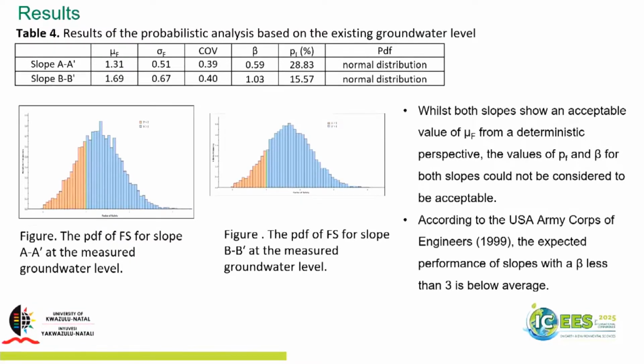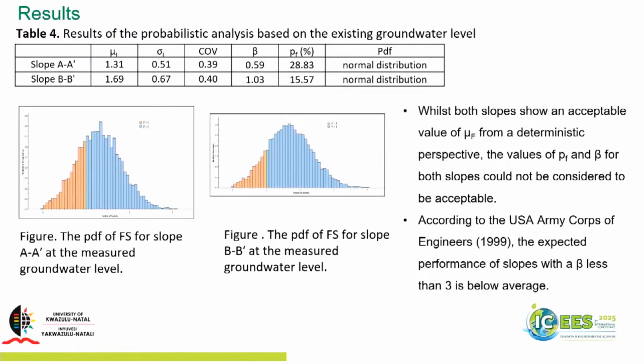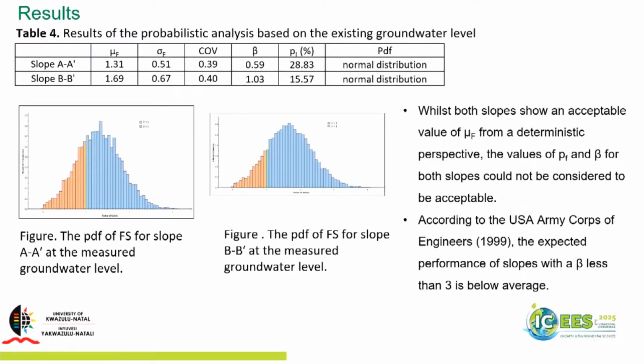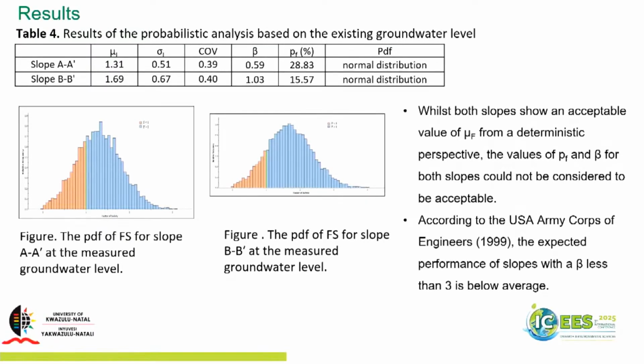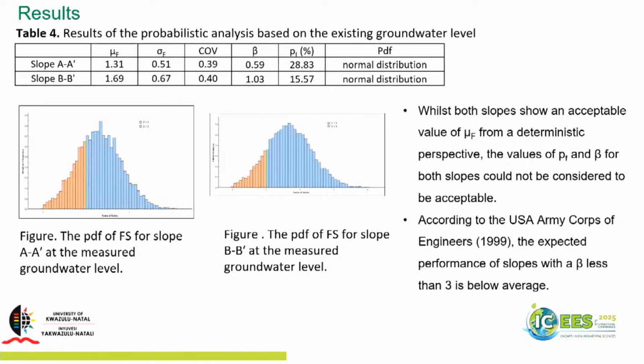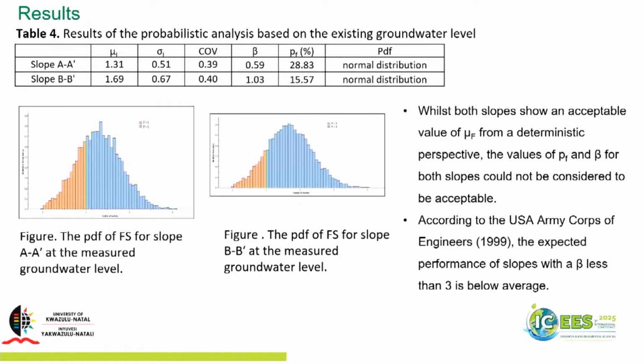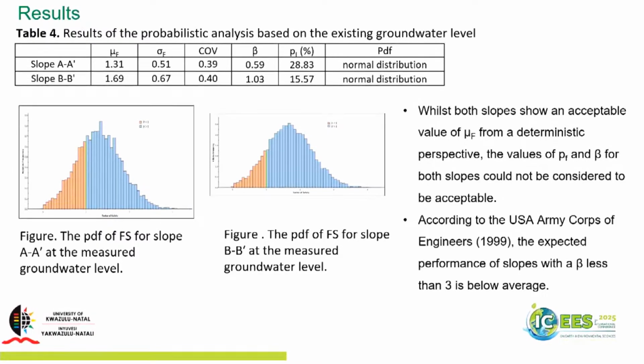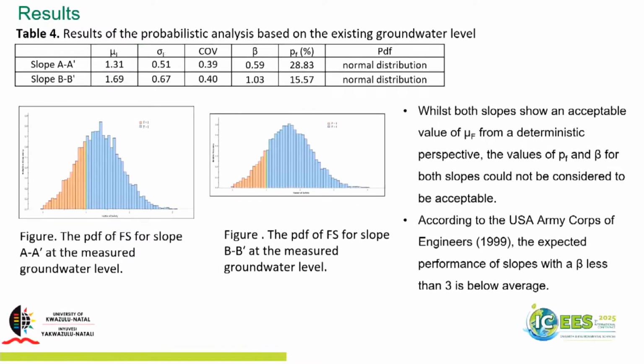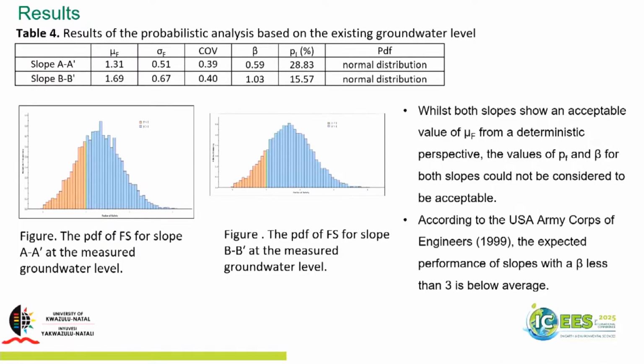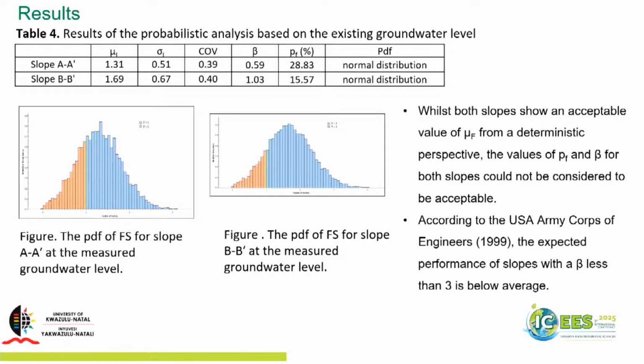because according to the US Army Corps of Engineers, the expected performance of slopes with a reliability index less than 3 is below average and could be considered hazardous. So whilst the mean values show us that both slopes are stable, the values obtained from the reliability indices for both slopes showed us that the performance of those slopes is poor.